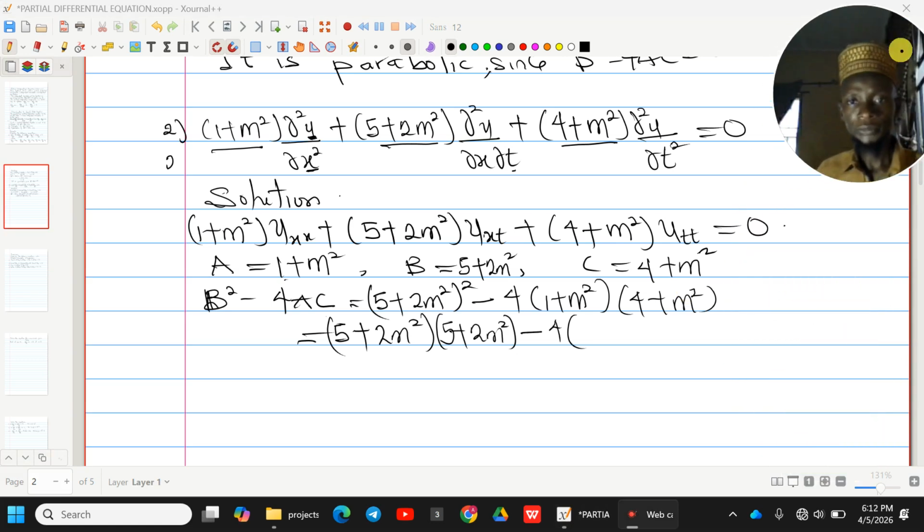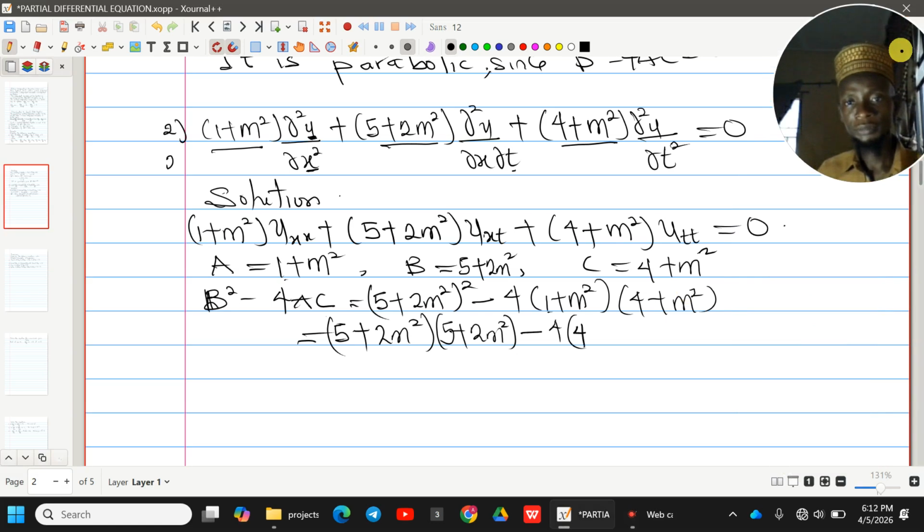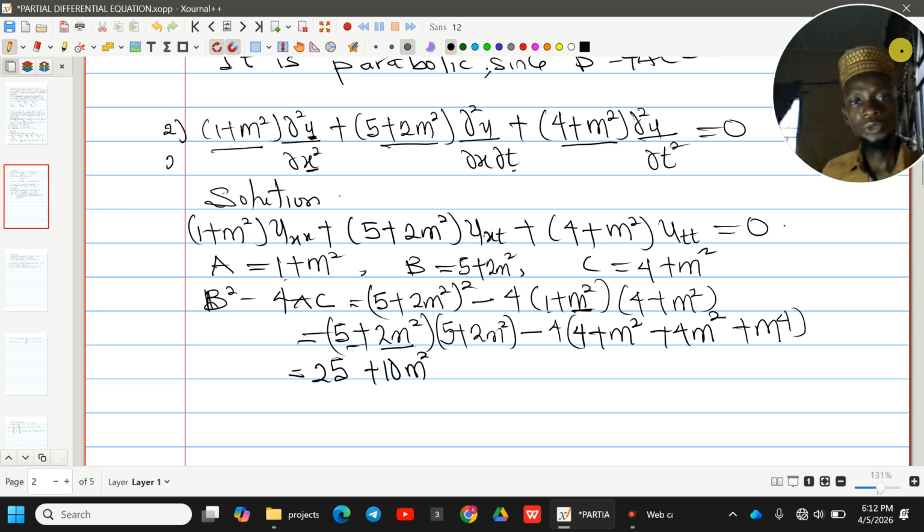Now 1 times 4, this one is 4. 1 times m squared, this one is m squared. M squared times 4, this one is 4m squared. Okay. M squared times m squared is m raised to power 4. Okay, now let me open this bracket as well. We have 5 times 5 here, which is 25. 5 times 2m squared, this one will be 10m squared. 2m squared times 5 is 10m squared.